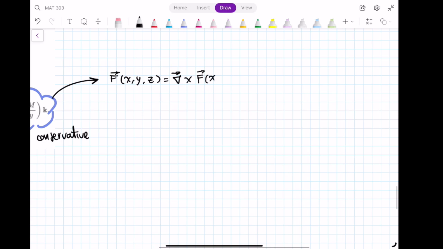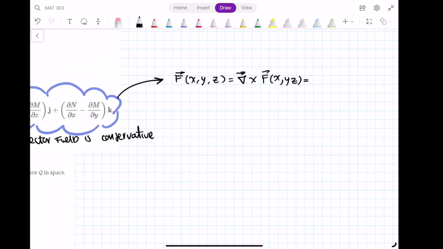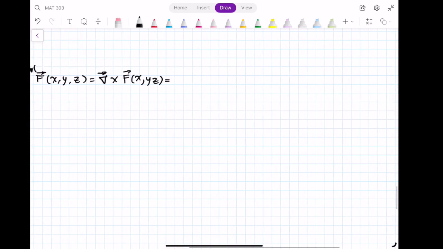Of x, y, and z. So this is our curl. And we can see this better with i hat, j hat, k hat.